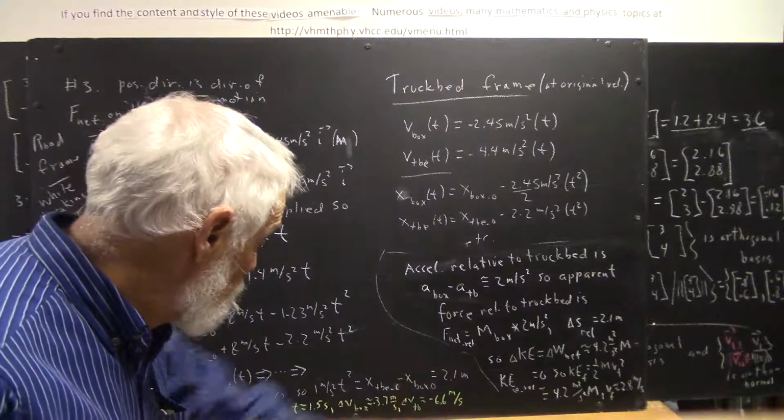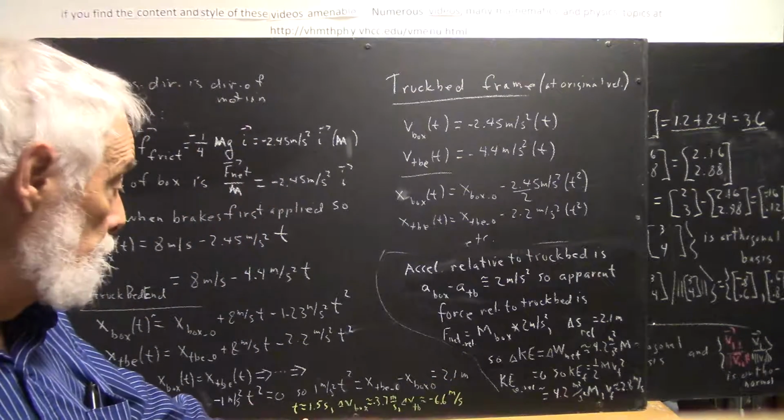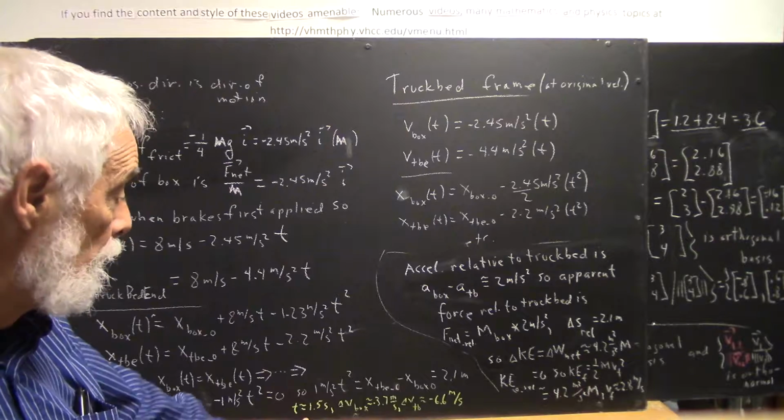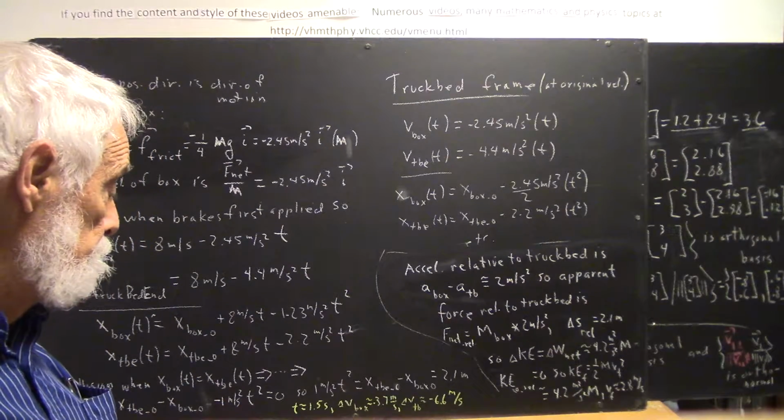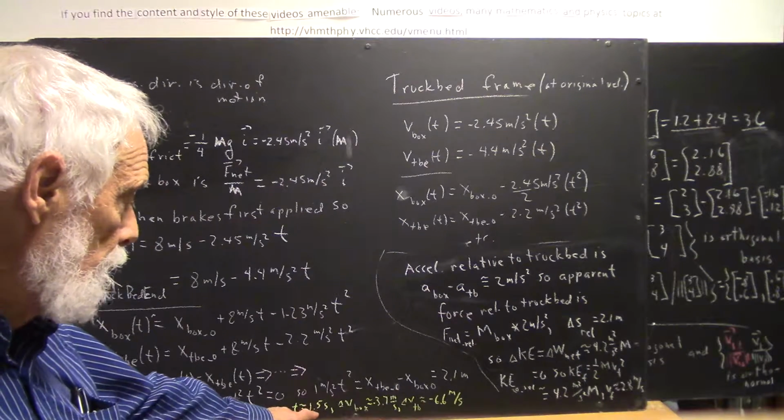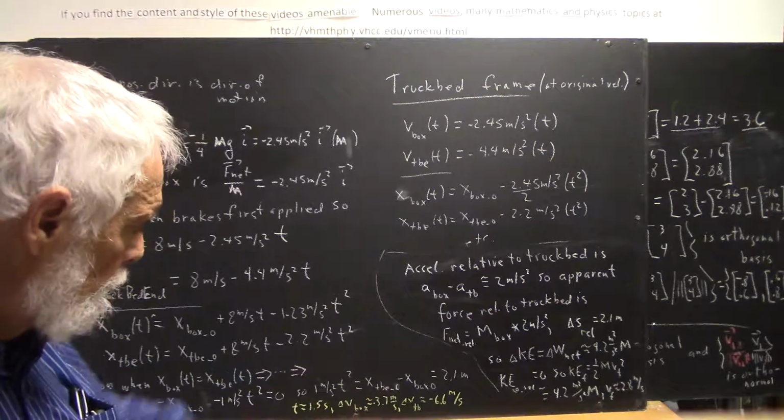So solving that for t, we get t somewhere between 1.4 and 1.5 seconds. Closer to 1.5, so I rounded to 1.5. I won't even swear to the fact that it's between 1.4 and 1.5, but I'm pretty sure it is.